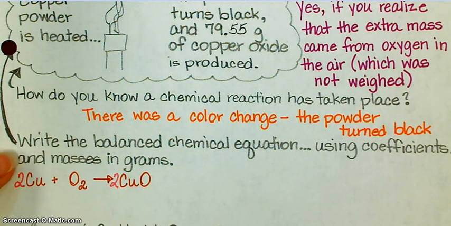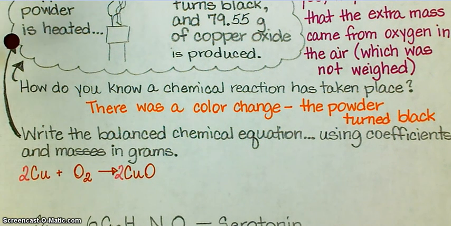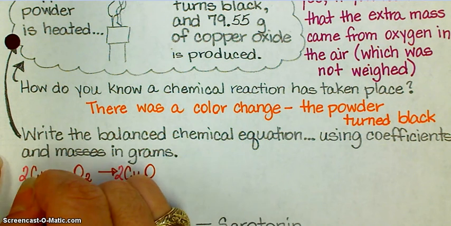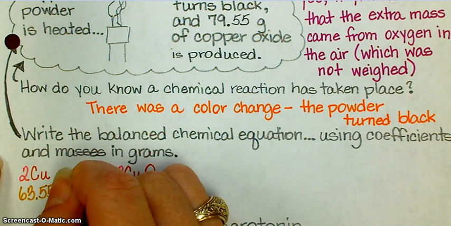Okay, the other thing that I've asked you to do on this question is to deal with the balanced chemical equation using the masses in grams. So I have, if you'll read the question, 63.55 grams of copper.